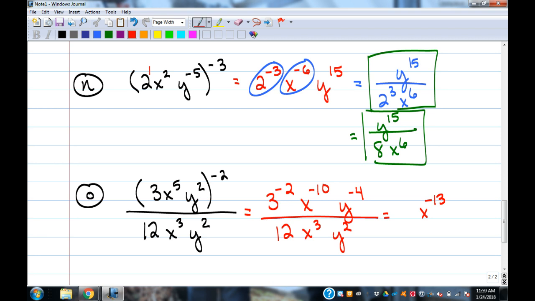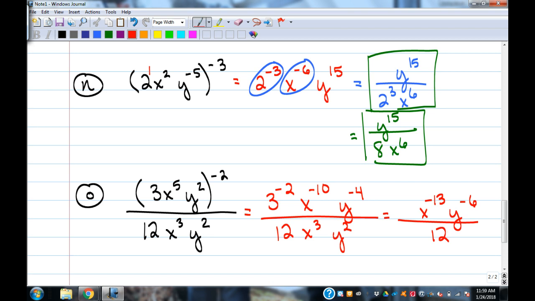I'm harping on that because that's a mistake that I see made every year. We're trying to make it not be a mistake. Okay, subtract the y's. Negative 4 minus 2 would be y to the negative 6. The 12 is still down there in the denominator.